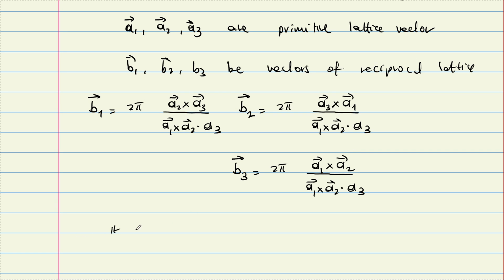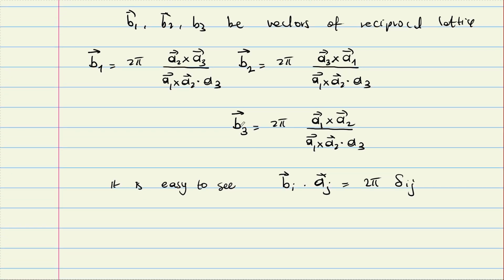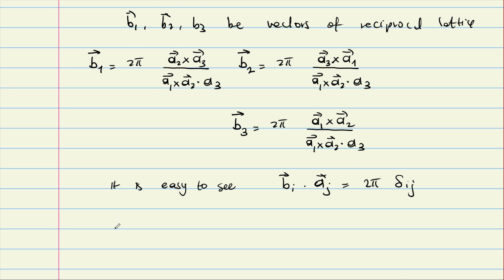Therefore, it is easy to see that any Bi dotted with any Aj is going to be 2 pi delta ij. Right? Because, for example, let me just show one example.